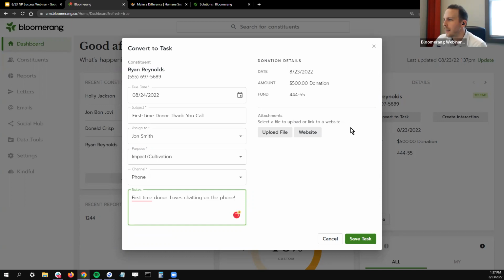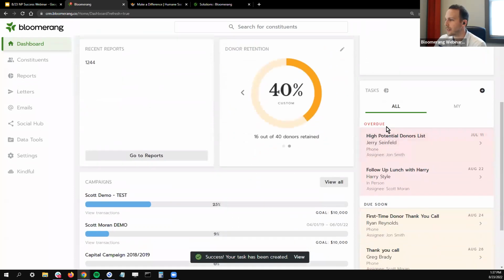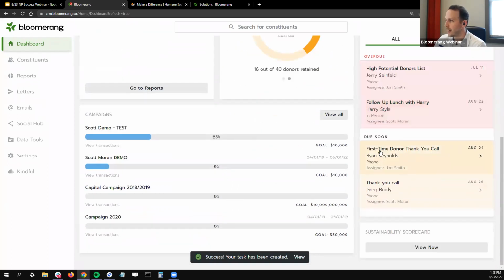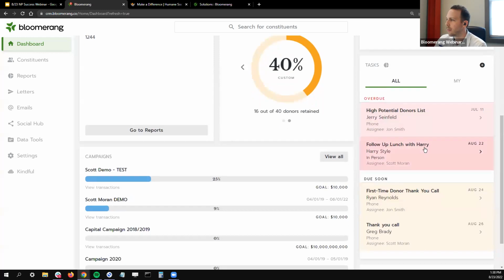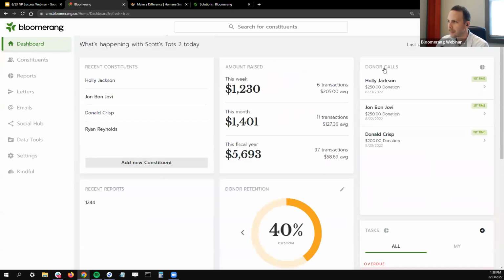Who knows? You can also add attachments. You can see the donation details here, and I can save that task. And notice now this gets added to the task window down here. So I can see that right now it's assigned to John, and it's due by tomorrow for him. So really easy way just to have a workflow for first-time donors and making sure they get that call logged quickly.